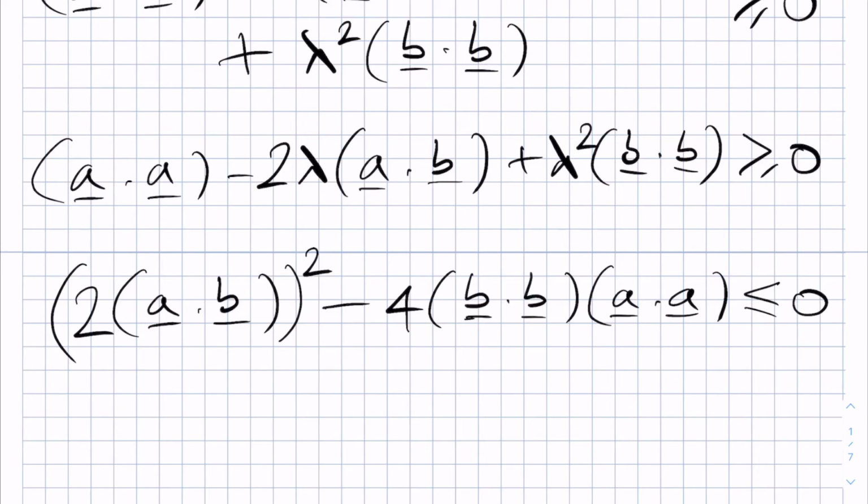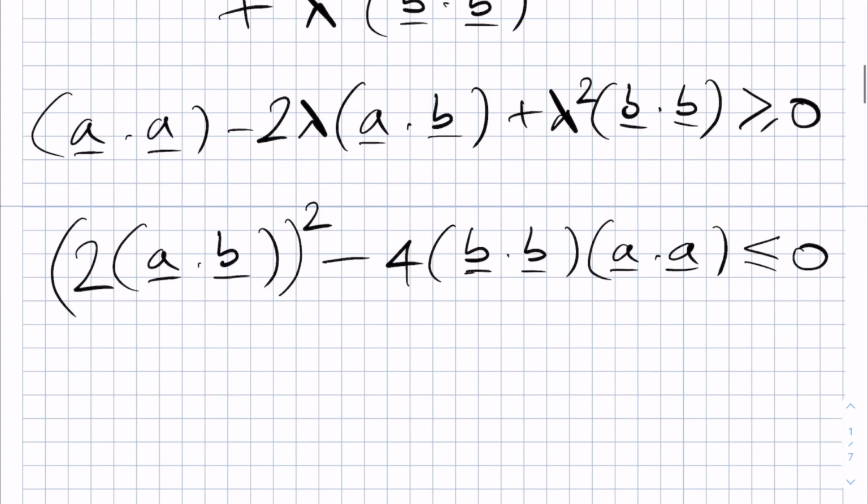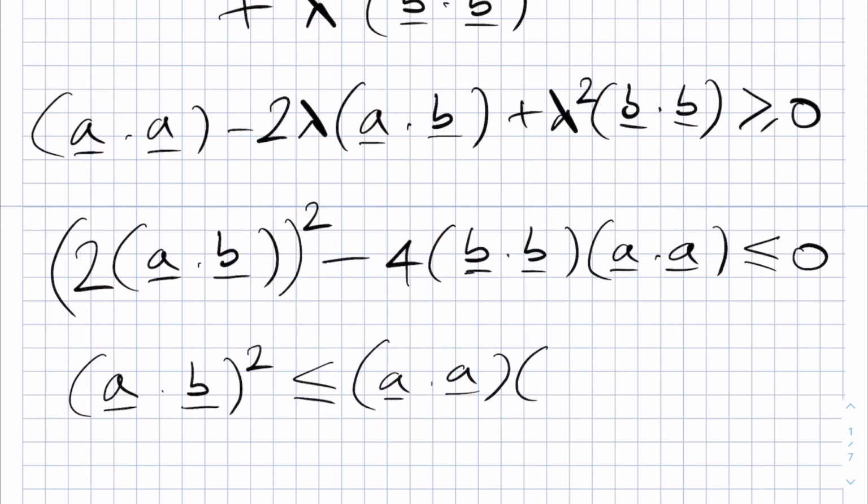If we cancel the factor of 4 and rearrange, then we arrive at the Cauchy-Schwarz inequality that we wanted to derive. If we cancel the 4, we get a dot b all squared is less than or equal to a dot a times b dot b.